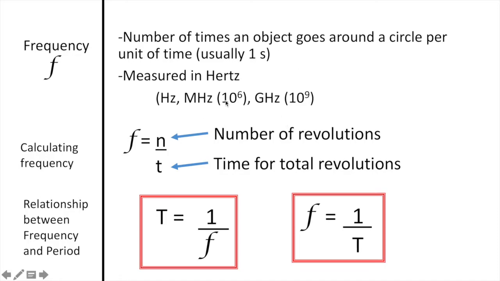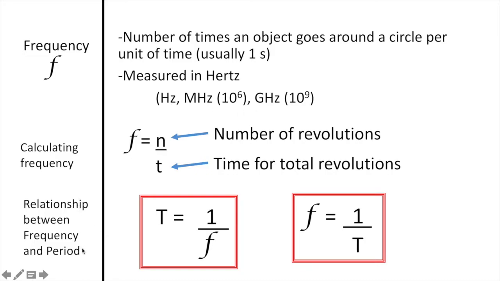That is 10 to the 6th power, or sometimes even gigahertz. When we're calculating frequency, all you have to do is take the number of revolutions, n, and divide it by the time of the total revolutions. This would give you hertz, which you can then change into megahertz or gigahertz.